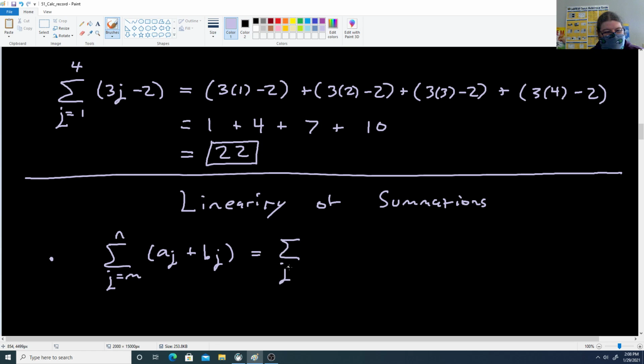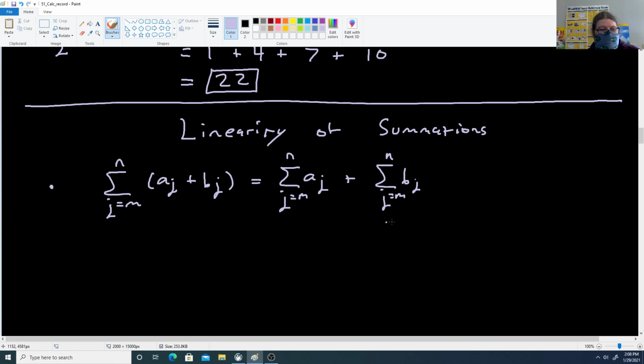So we can view this as the sum of j equals m up to n of just the a_j plus the sum of j equals m up to n of just b_j. So you're able to take the summation and break it across the addition.